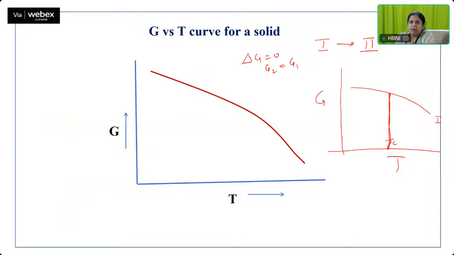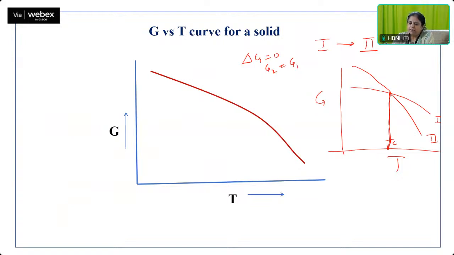Now at TC, your G has to be continuous. That is, the free energy has to be the same for both phase 1 and phase 2. Also, above TC, phase 2 has to be stable, and below TC, phase 1 has to be stable. So can I draw the GT curve of phase 2 like this? See, it satisfies all the criteria.